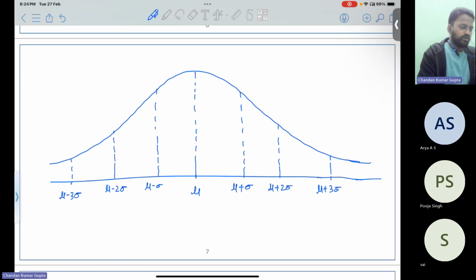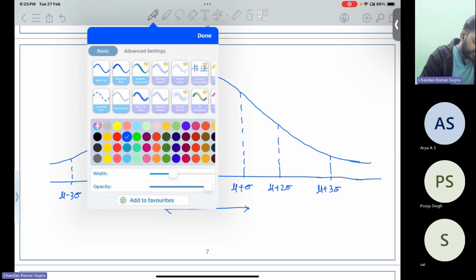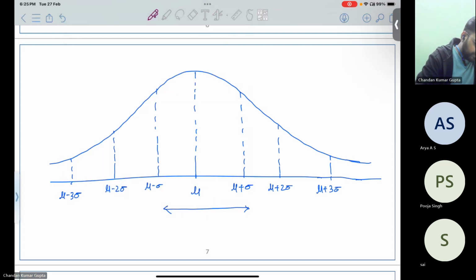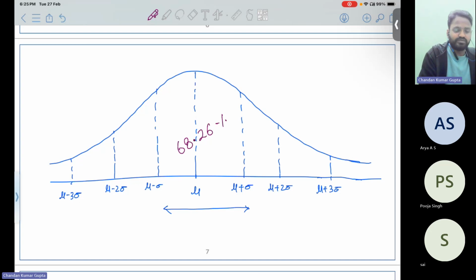So in this interval, mu plus sigma to mu minus sigma, if a random variable is normally distributed, then around 68.26% of the probability lies within the mu plus minus sigma interval. So this is the property.